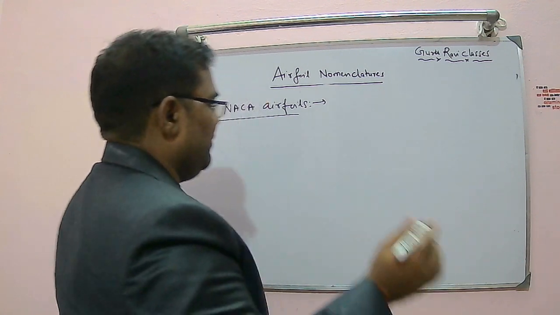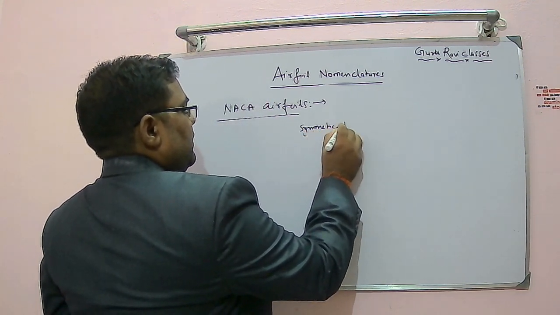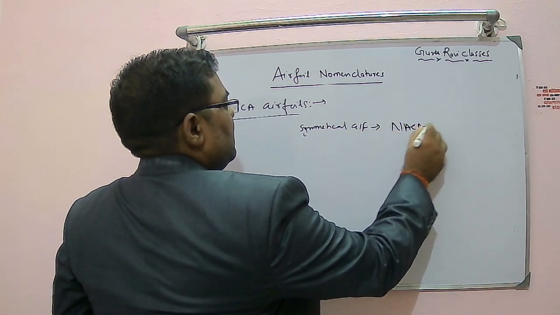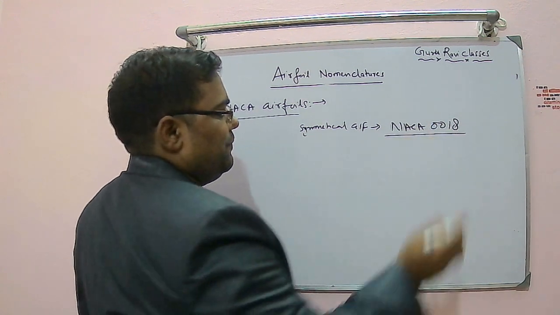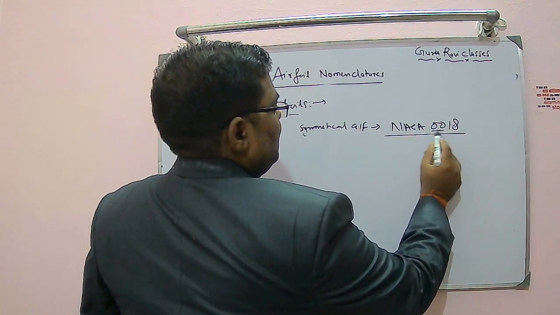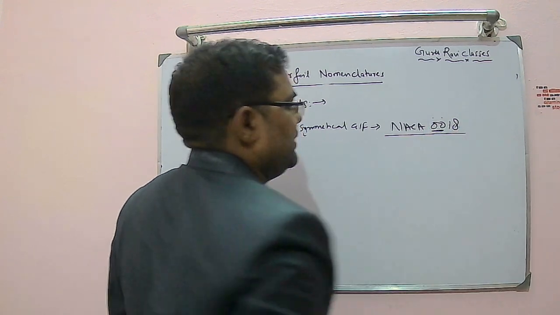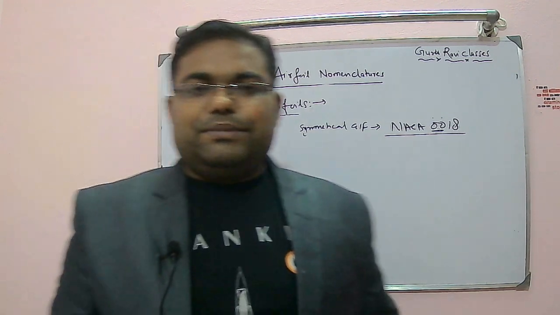For example, a symmetrical airfoil is NACA 0018. This is one example of a symmetrical airfoil in 4 digits. The first two digits, the 00, mean camber and location of camber, and the last two digits are the thickness.